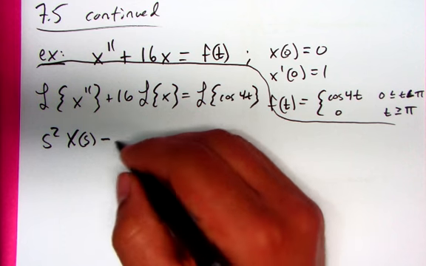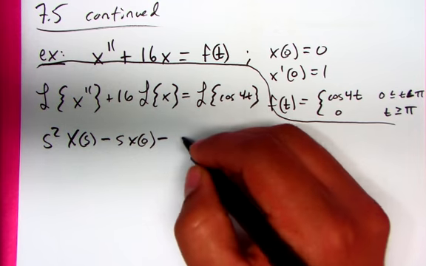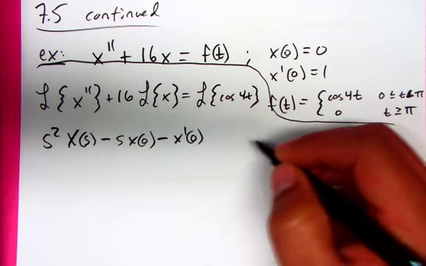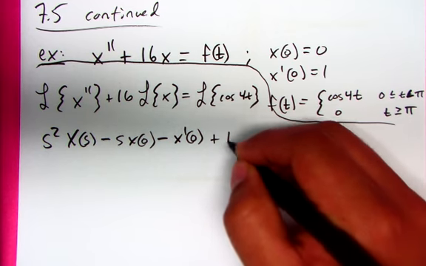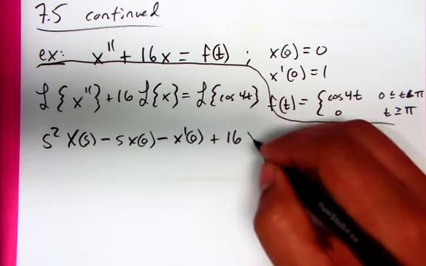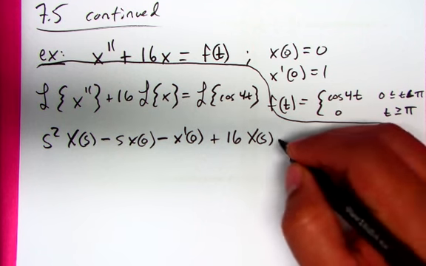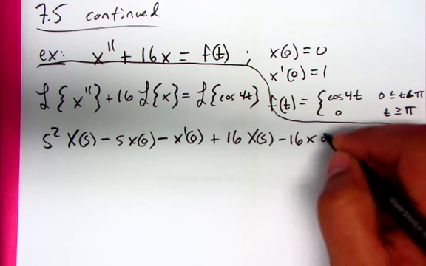Minus s times x of 0, minus x prime of 0, plus 16 times capital X, minus 16 x of 0.